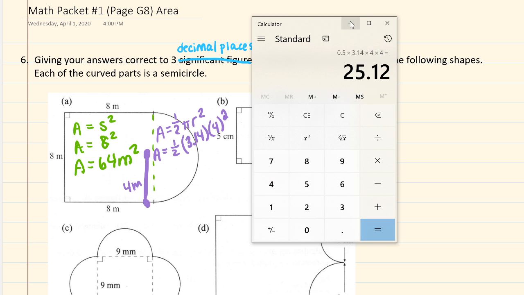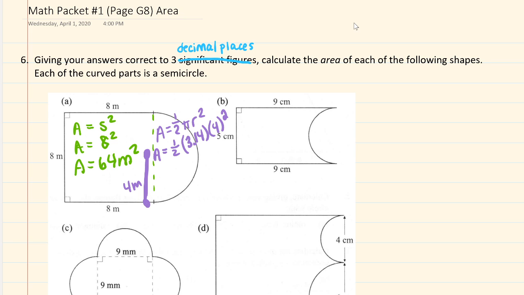So 25.12 square meters. So to get my final answer, we'll add those up. I won't need 3 decimal places since I only have 2 decimal places. But let's just go ahead and add it up. So that would be 89.12 square meters. So that's the first one.